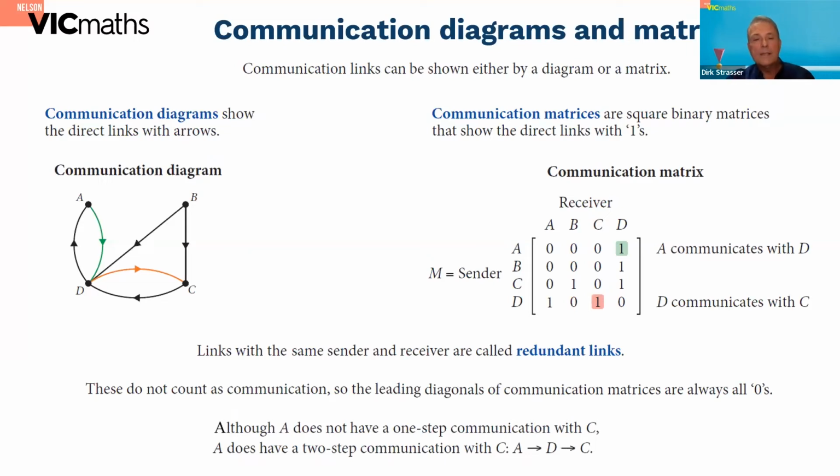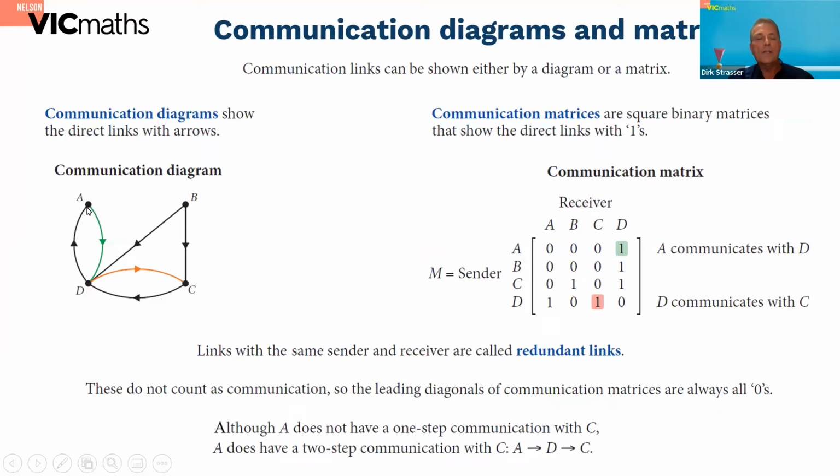Although, let's have a look at this. A cannot communicate with C according to the diagram, and it can't either according to the matrix, obviously. But it can communicate in a two-step communication.